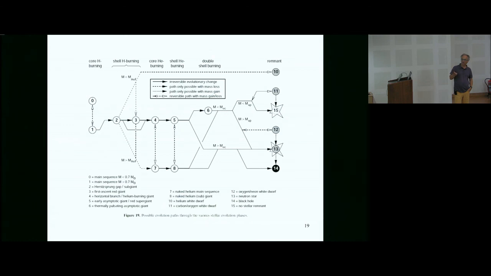So binary evolution enhances immensely the possibility of switching between various stars, and introduces the possibility to go to stars like naked helium stars. We can also jump from a white dwarf to a neutron star, even from a neutron star to a black hole if we are lucky with lots of accretion. And in general, binary evolution introduces a lot of phenomenology that is not available in single star evolution. Thank you.